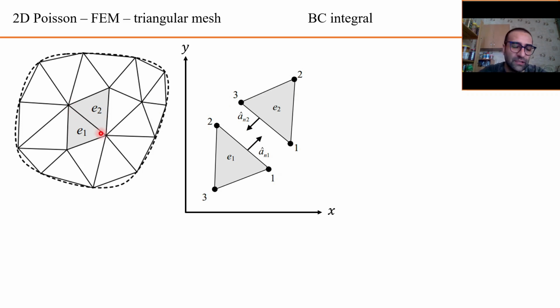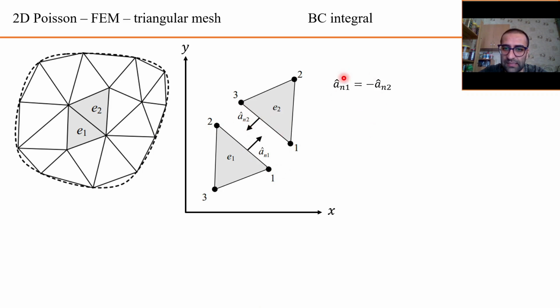What I mean by internal boundary is that we are calculating this boundary integral only for the boundaries that are at the inside of the simulation domain, not at the border of the simulation domain.